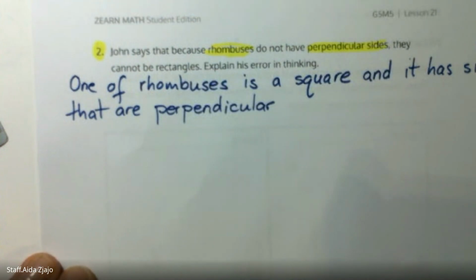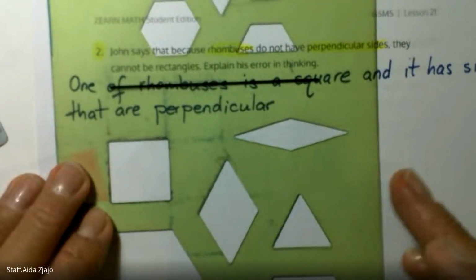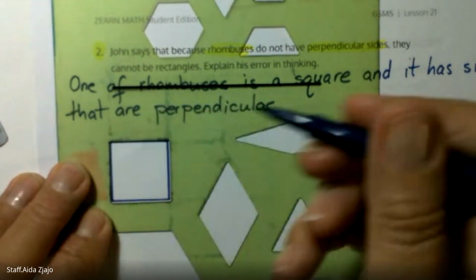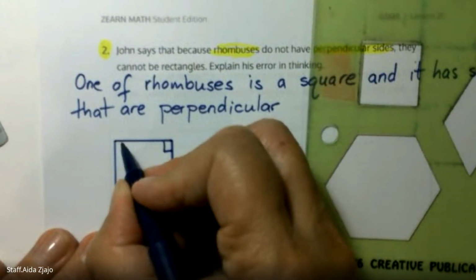Okay, so how can I write it down? The best thing is if I draw. Remember, this is a rectangle. A square is a rectangle because it has right angles.